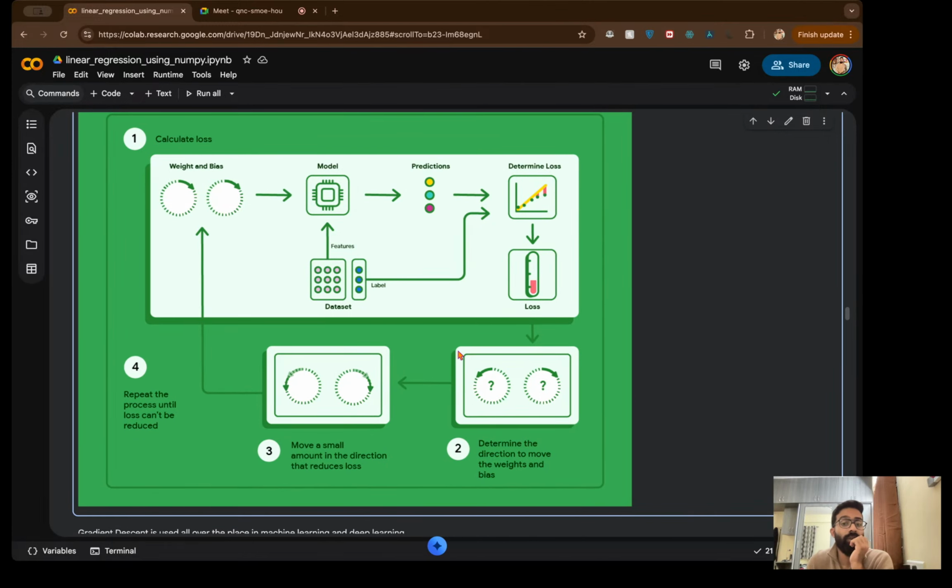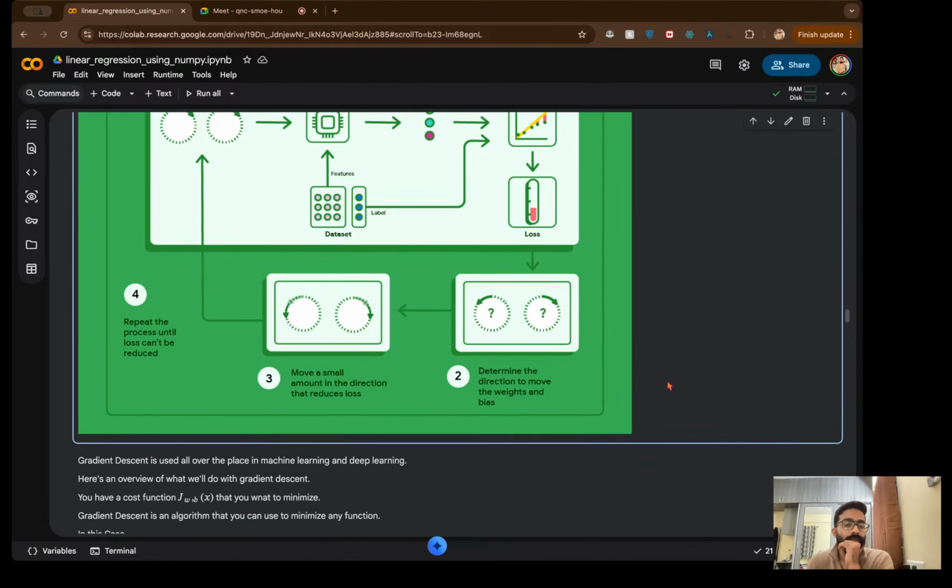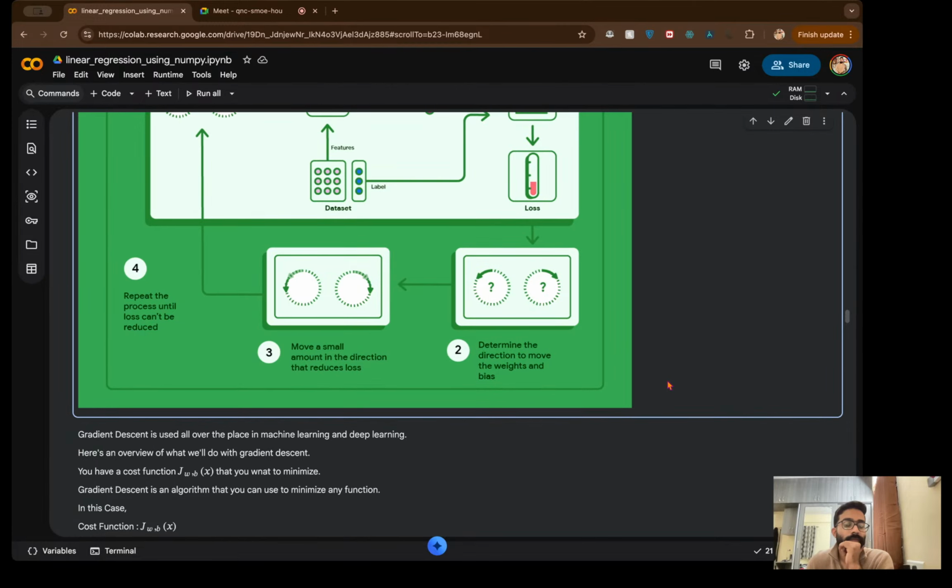But the algorithm will find the values of W and B itself. We'll just give the training data set. The model will find the values of W and B. Okay, thank you. Through this algorithm, gradient descent, it will eventually get the loss to the lowest possible.